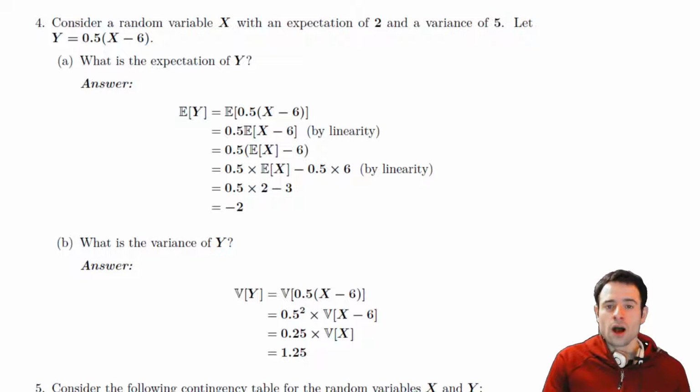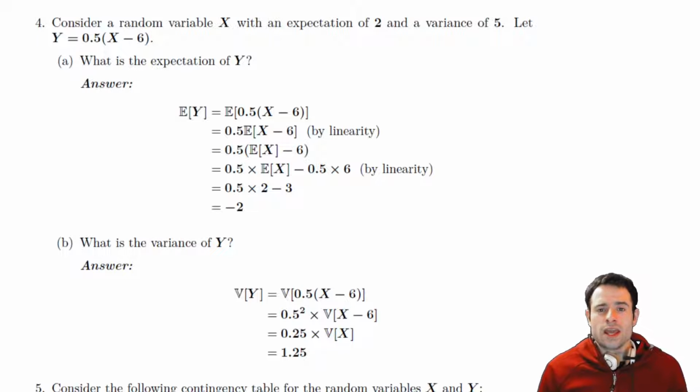Note that this is very common. For instance, in France and in Canada, temperature is measured in degrees Celsius. In the US, temperature is measured in degrees Fahrenheit. The conversion from one to the other is, I believe, 32 plus 1.8 times the degrees Celsius.